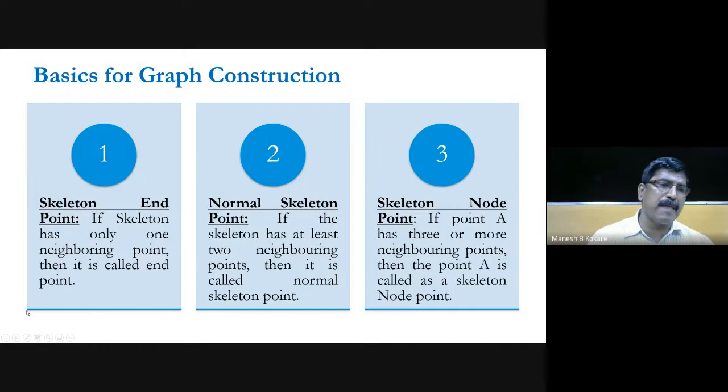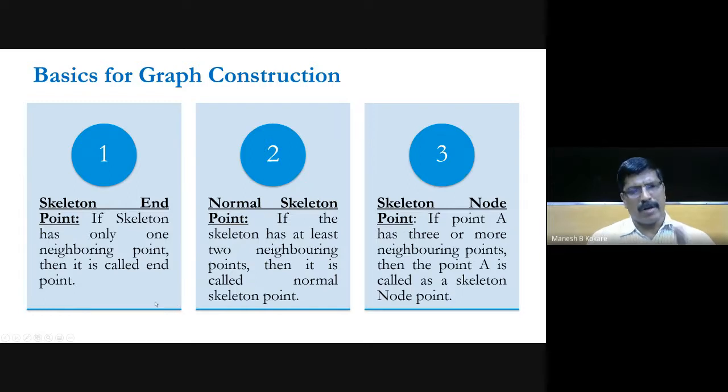Or suppose this is the pixel under consideration, it has only one right side neighbor, with 4-connectivity and so on. So this point and this point are called the skeleton endpoint. If the skeleton point has only one neighboring point, then it is called the skeleton endpoint. This is a skeleton endpoint, this is also a skeleton endpoint, and so on.